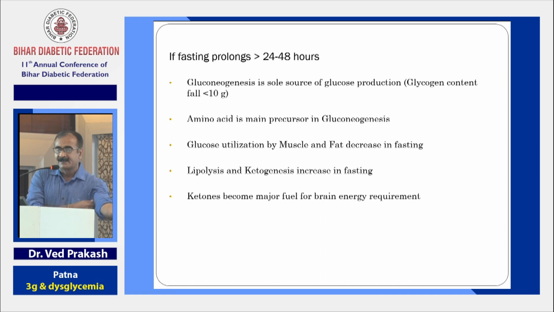If fasting prolongs beyond 24 hours, gluconeogenesis is the main source, glucose utilization by muscle and fat decreases in this time frame, and lipolysis and ketogenesis start increasing, so ketone bodies become the major fuel for the brain.